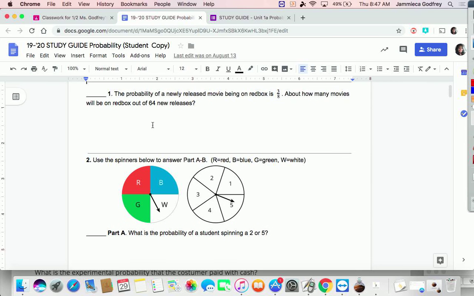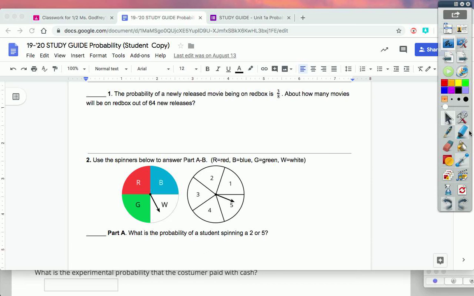Okay, so the first question says the probability of a newly released movie being on Redbox is 3 out of 8. About how many movies will be on Redbox out of 64 new releases? So they give us the probability, the experimental probability, and all you have to do is multiply that by what the question is asking you about, which is how many will be out of 64 new movies.